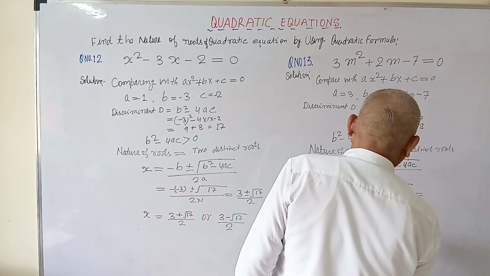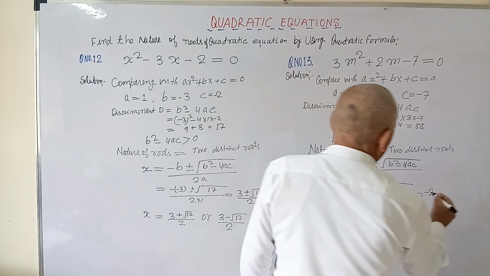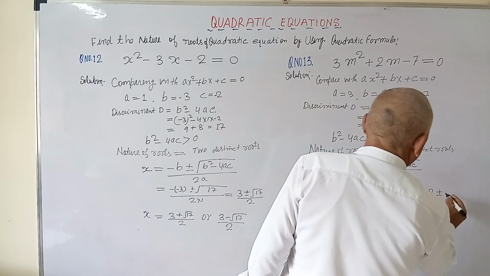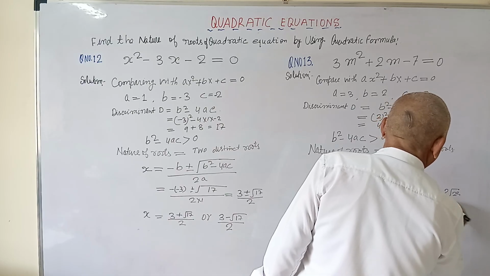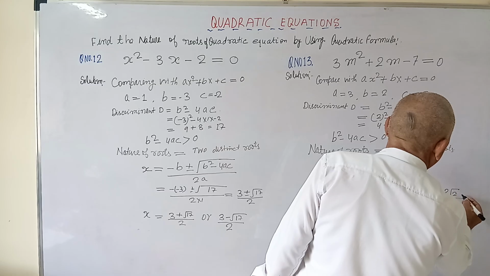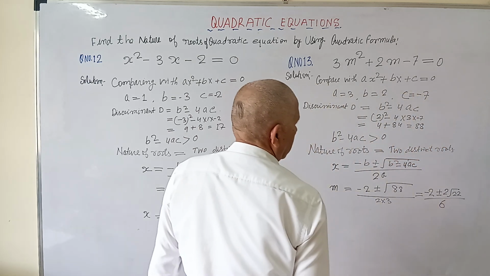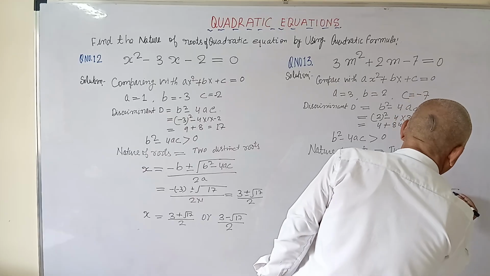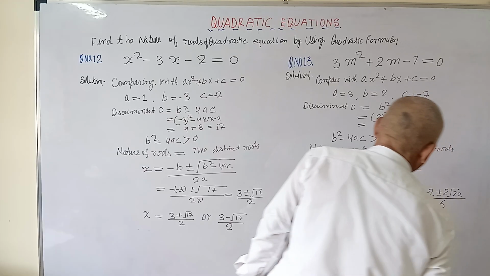Now this will become minus 2 plus minus under root 88, which can be written as 2 under root 22, by 6.